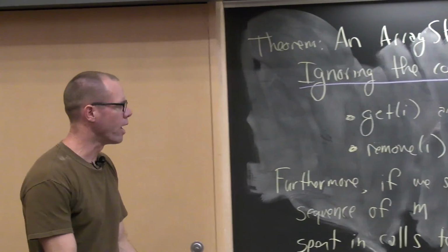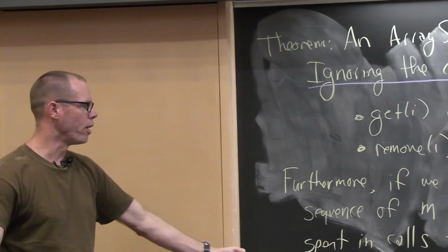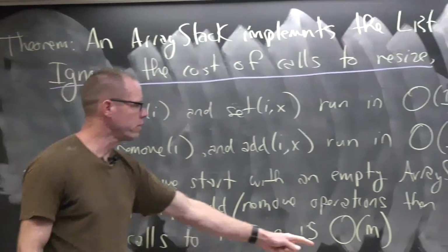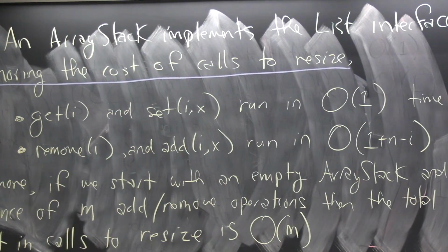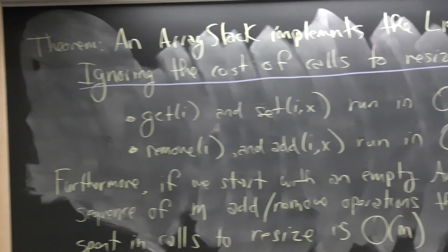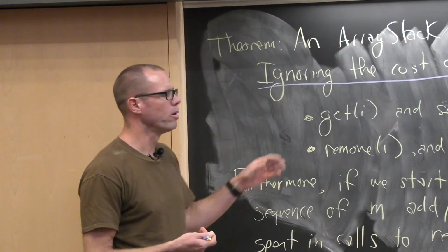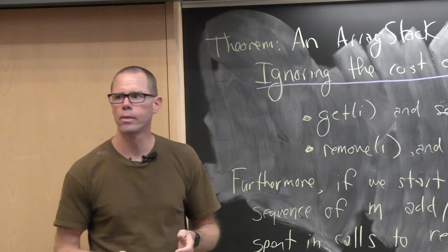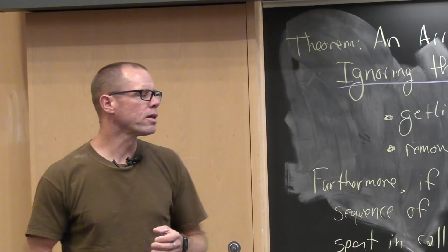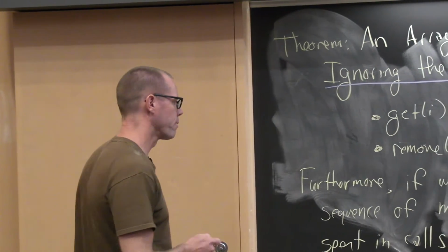And more than that, if you add back in the cost of resizing during all that sequence of operations, it's only proportional to the number of operations you did. So we think of that as, on average, the amount of work you do resizing is only a constant per add and remove operation. Okay. So this is what's called amortized analysis.